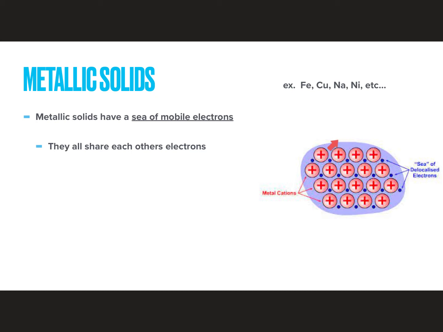So all the lost electrons kind of just hang around in this glue fashion, in between all the metal ions. We call this a sea of mobile electrons, or sea of delocalized electrons, because the metals are all losing them, but nobody is gaining them. So they just sit around, and all the metals can share them and use them if necessary.